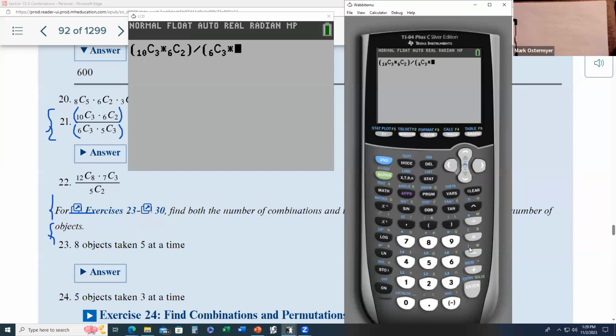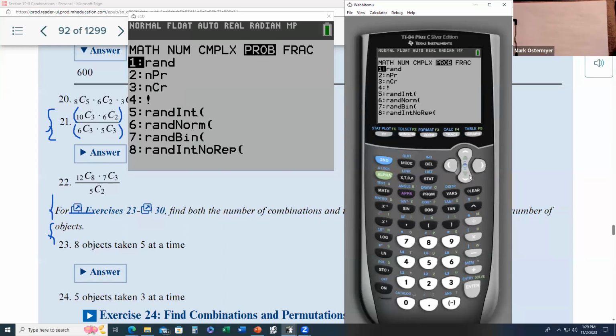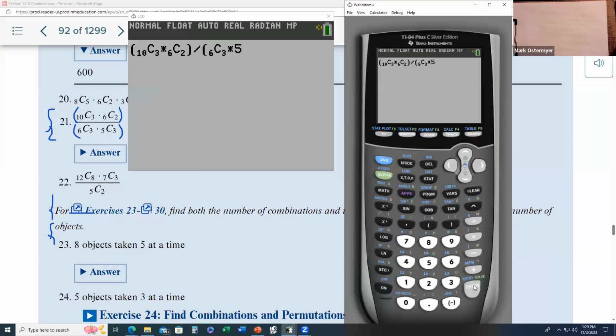Times 5 in combination with 3. Close parenthesis. There you go. You just type it in like that. That should work. And then we should get our answer, which is 9.